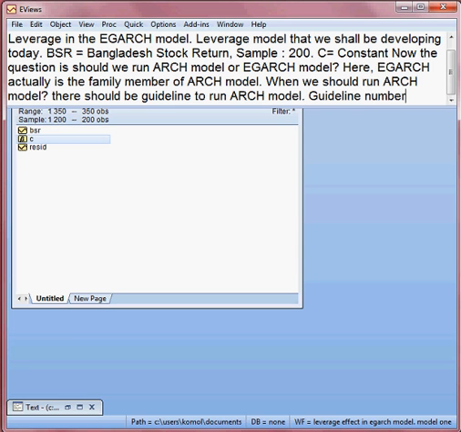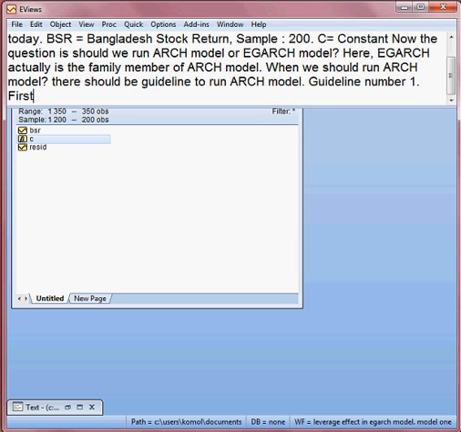Guideline number 1: first we run the regression model, where BSR is the dependent variable and C is the constant. There is no other independent variable, only these two, BSR and C.